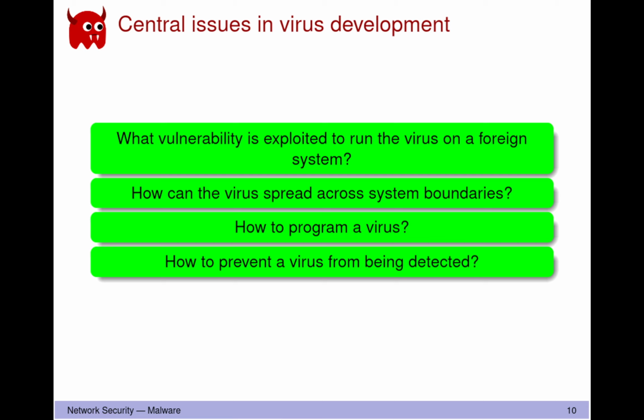So what can it do? If you are a malicious attacker, what can you do? First of all, you want to build this virus and then have a second use of it. What could be the second use? What vulnerability could you exploit to run the virus without actively executing it?